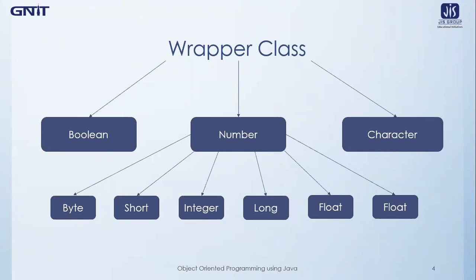For example, a simple file can be treated as an object, an address of a system can be seen as an object, an image file can also be treated as an object. In fact, a simple data type can be treated as an object. It can be converted into an object. So today we will discuss wrapper classes.